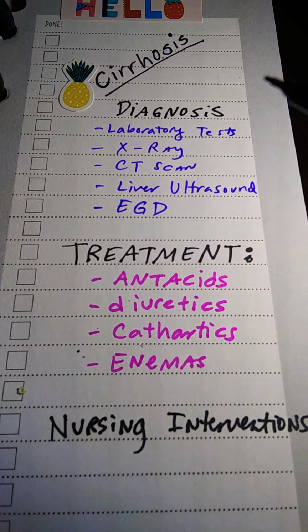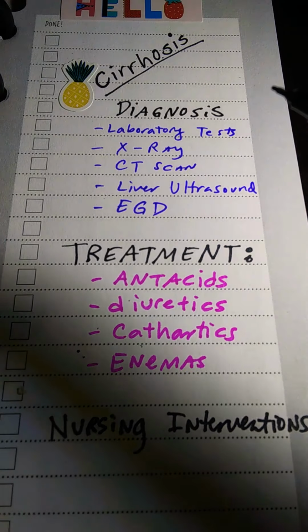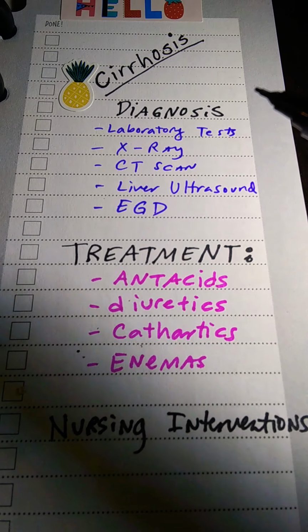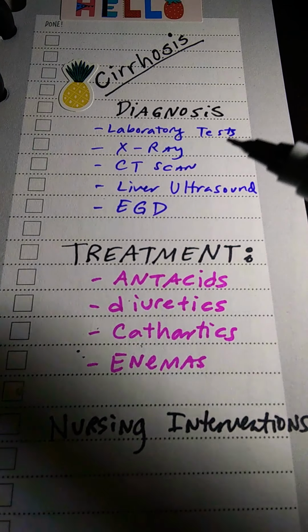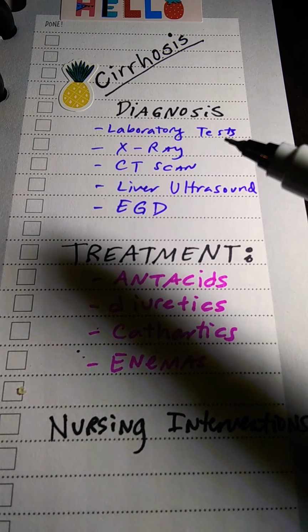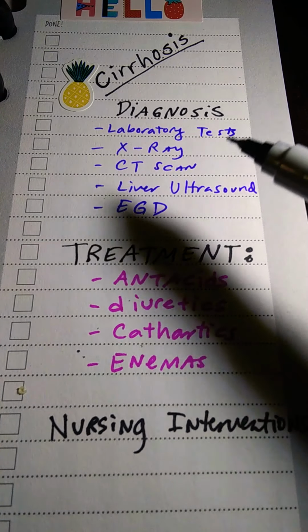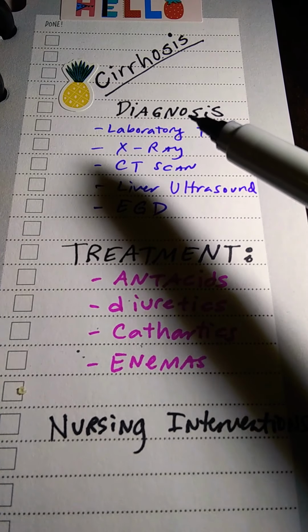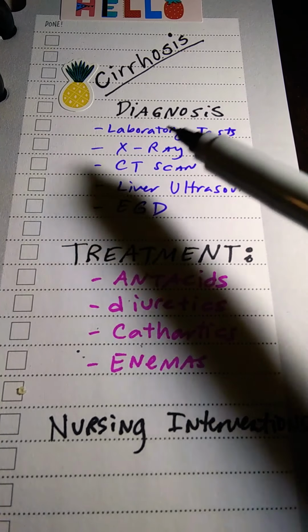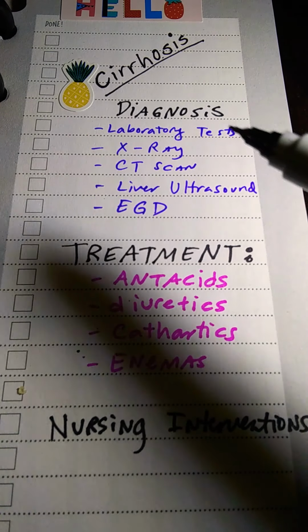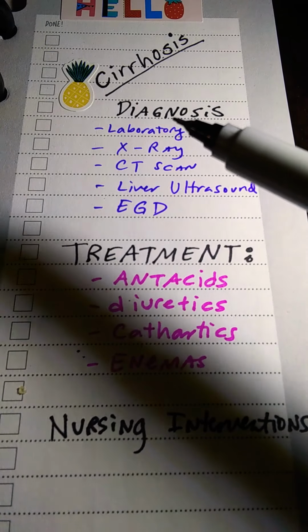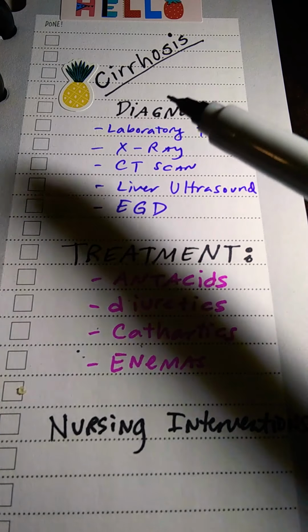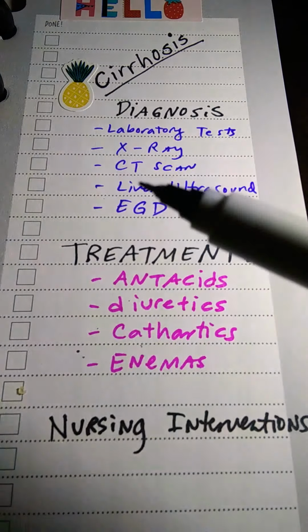The doctor may perform this procedure to diagnose and to treat certain possible disorders of the upper GI tract, and also to find out any complications that have been affected by the cirrhosis.